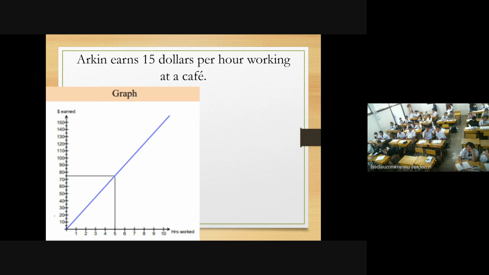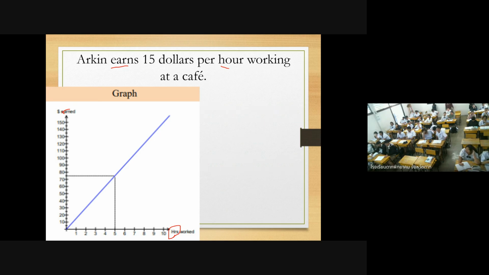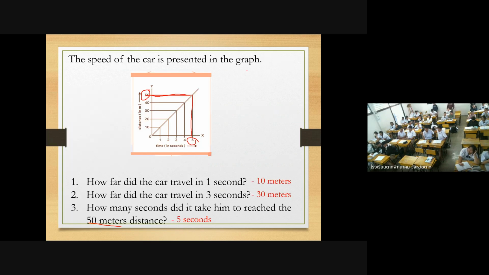Earning and hours. The earning in the hour. In this given, this one, what are the variables? Distance and time. We call those variables.